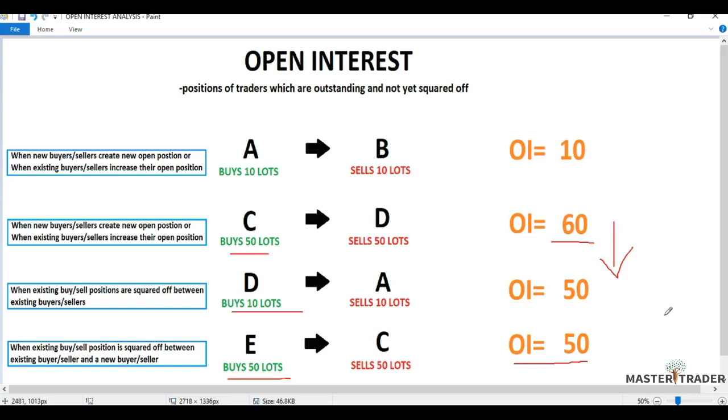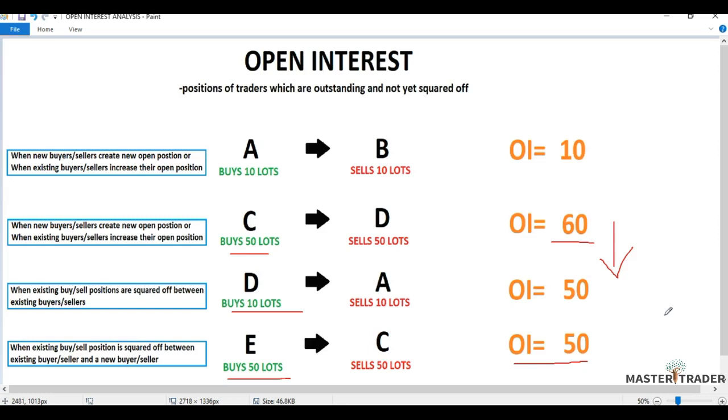If this sounds a bit confusing, guys, go back and watch this again and just try to understand this table. It's very self-explanatory, and it's not that complicated once you get it. We need to keep one thing in mind about open interest: it is used only in the derivatives market, meaning in futures and options.